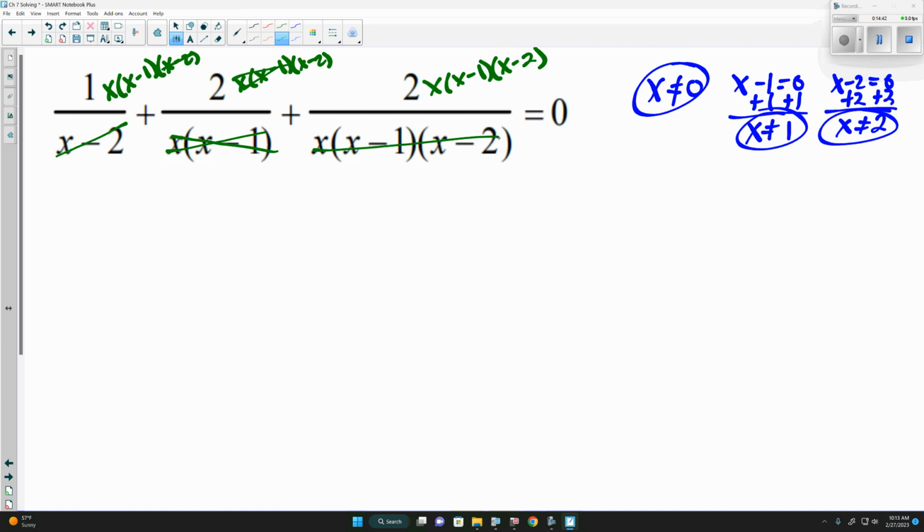And the last one, everything cancels. So what we have left in the first one is 1 times x minus 1, which is just x times x minus 1, plus 2 times x minus 2, plus 2 is equal to 0.